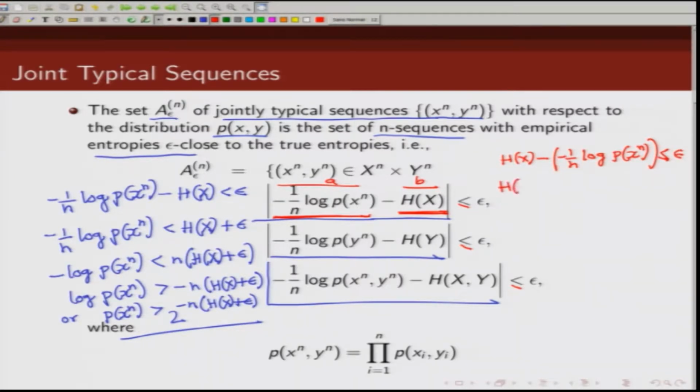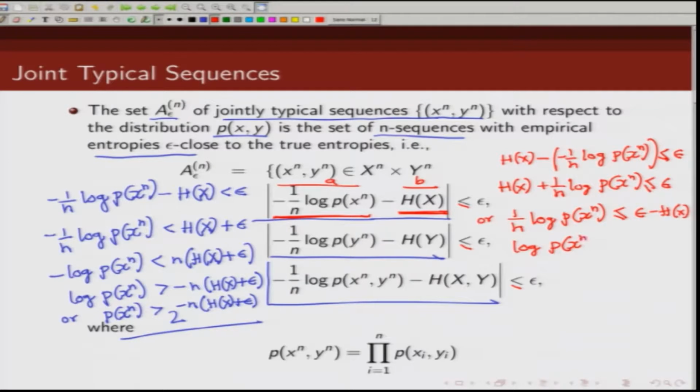So this becomes H of x plus 1 by n log of P of x^n is less than or equal to epsilon, or I can write 1 by n log of P of x^n to be less than or equal to epsilon minus H of x, or log of P of x^n can be written as less than or equal to minus n of H of x minus epsilon, or P of x^n is less than or equal to 2 raised to power minus n H of x minus epsilon.